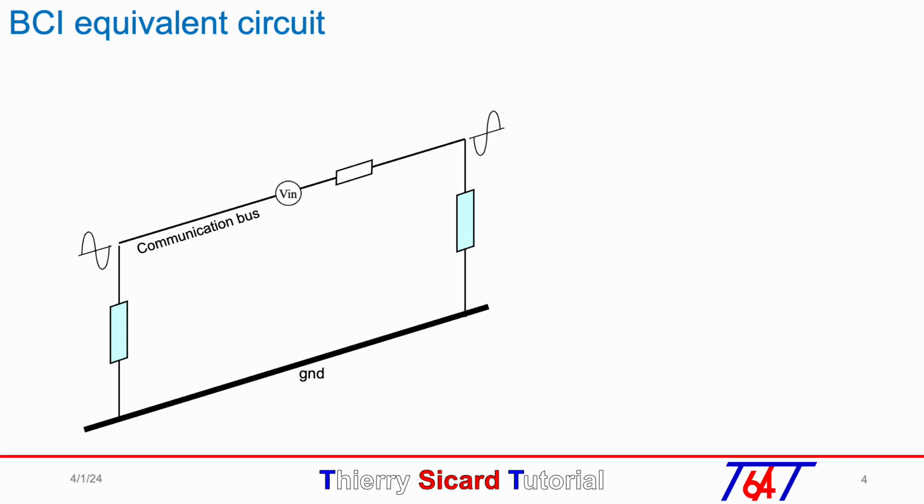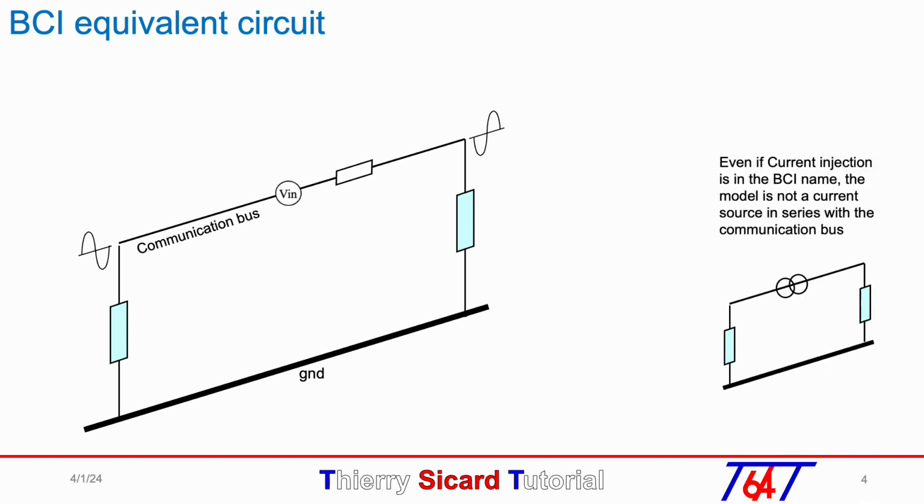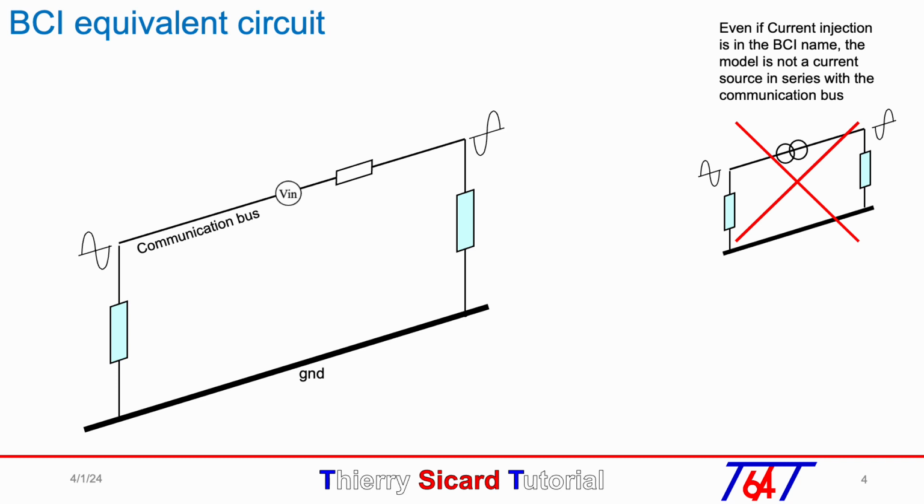As this BCI test is mandatory to qualify the communication bus, plenty of people are using it. But believe me, not too many people understand really well how the BCI system works. The most common error comes from the confusion between current injection in the BCI name and current source.